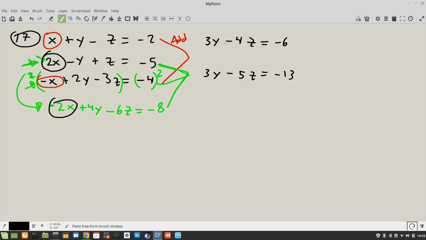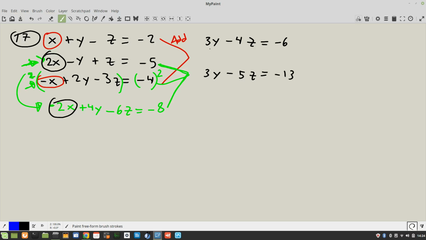Okay, so now we went from 3 variables to 2 variable equations, y and z, right? We don't have x anymore. So what he does is he gets all the way down to just one variable, and you can pick either y or z, whichever one you want to get rid of. I'm gonna solve for z.